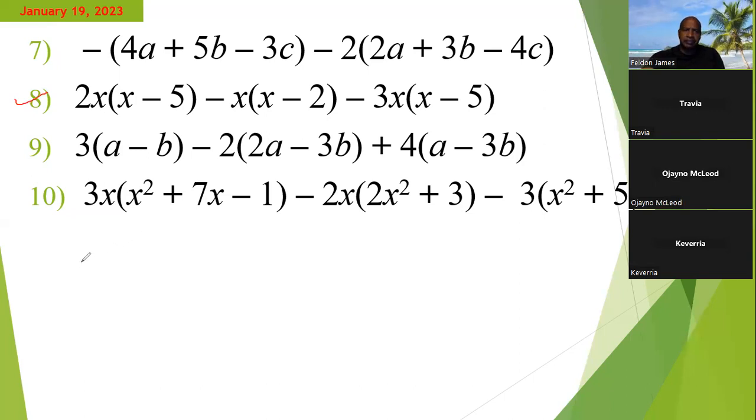All right. For the first bracket, I have 2x squared minus 10x. For the second bracket, I have x minus x squared plus 2x.